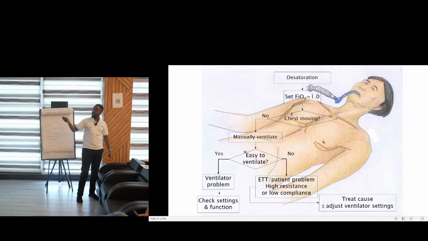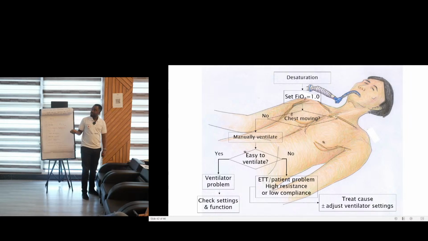So now you want to see, is the chest moving? No. Then you disconnect the patient and manually ventilate. Is it easy to ventilate? Yes or no? If yes, then the ventilator could be an issue, so check the ventilator settings.